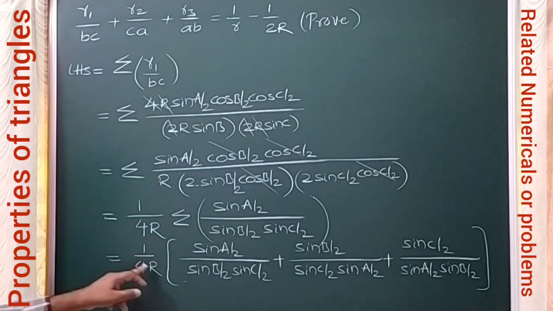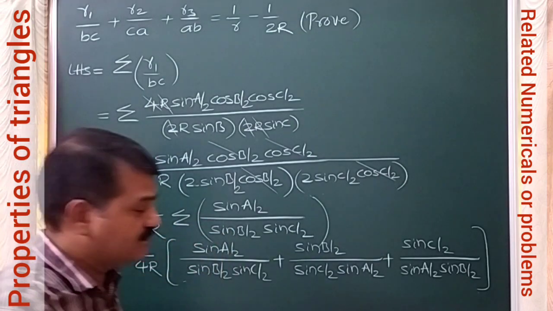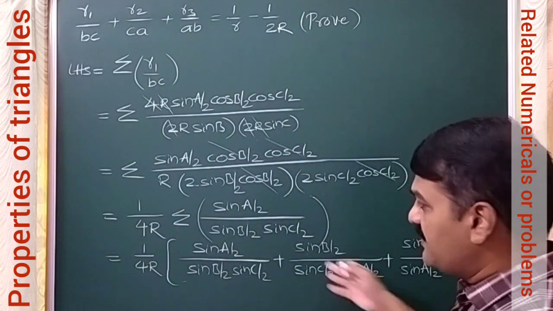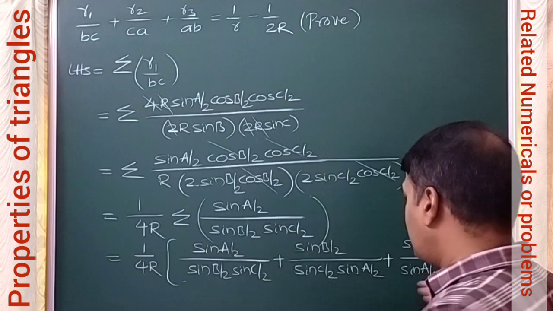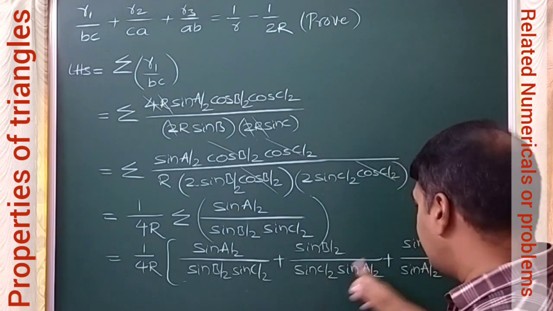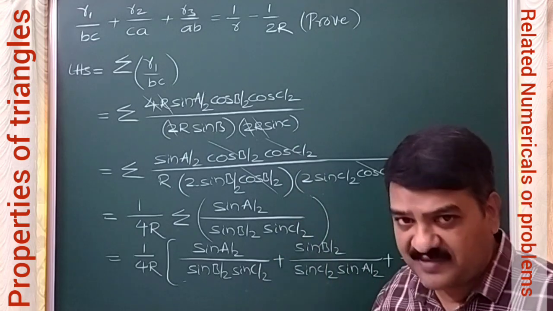So 1 by 4 into capital R is left now. So we have opened up the summation and written the full 3-term sum. Now we will take the LCM for the denominator and simplify.